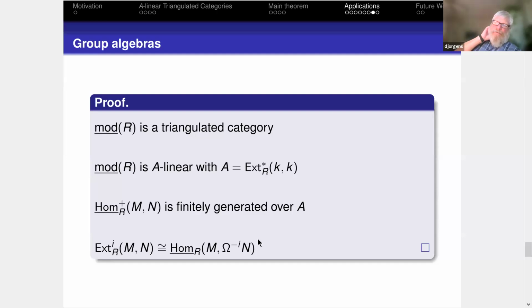In this case, A is the cohomology ring, Ext of K, K. And the Hom plus is finitely generated over this cohomology ring, and the X^i in this case is just the stable Homs from M to shift minus i of N. So again, it's just a straightforward application of the main theorem.